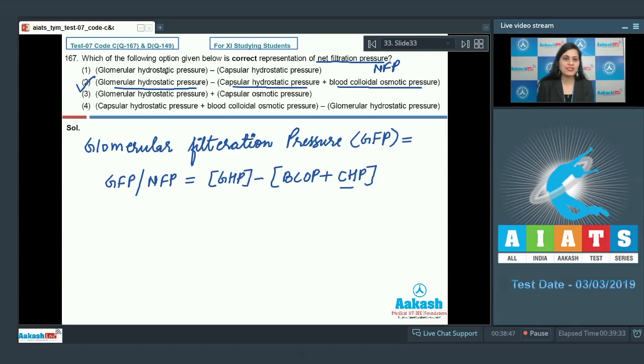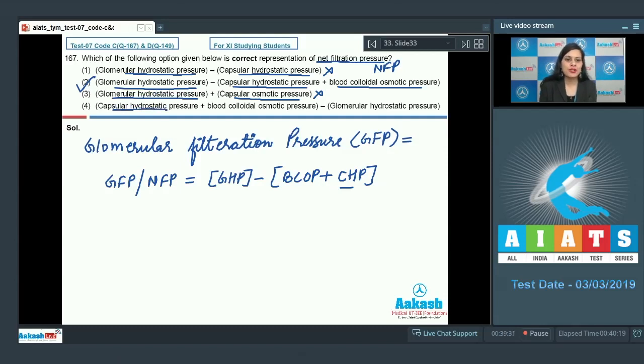Let's discuss rest of the options. The very first option given is glomerular hydrostatic pressure or GHP minus capsular hydrostatic pressure, and this is an incorrect option because BCOP is not considered in this formula. The next option is glomerular hydrostatic pressure plus capsular osmotic pressure, and this is also an incorrect option because net filtration pressure is equivalent to glomerular hydrostatic pressure minus capsular hydrostatic pressure plus blood colloidal osmotic pressure.